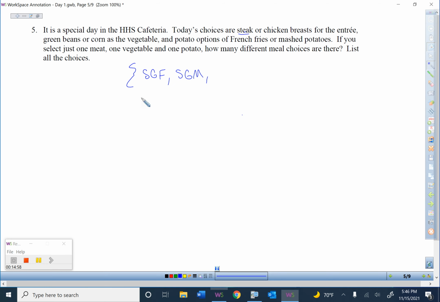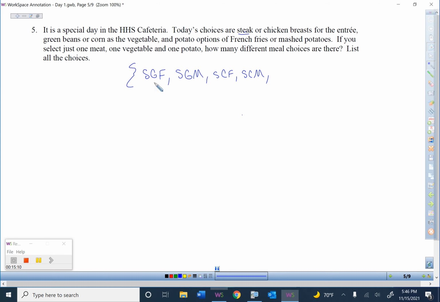Okay, so that's taking care of steak with green beans. Now we're going to take care of steak with corn. Again, you could go with French fries, or you could go with your mashed potatoes. And keeping organized and following that pattern makes the second part super easy. If there were 4 choices to deal with steak, there should be 4 choices dealing with chicken.